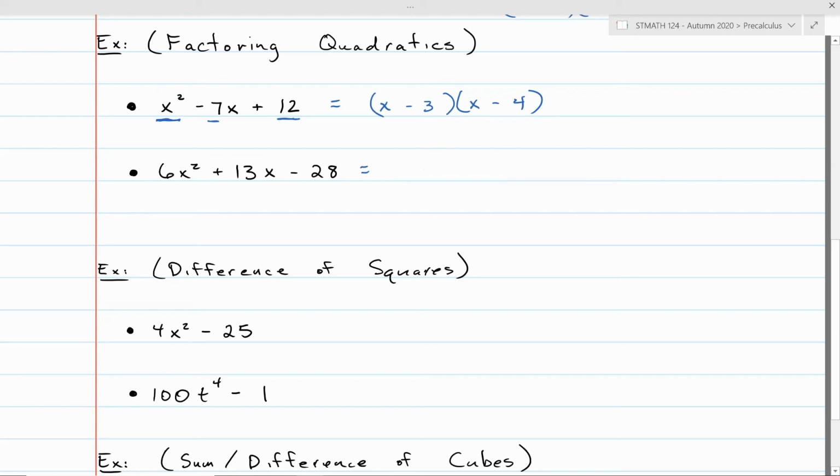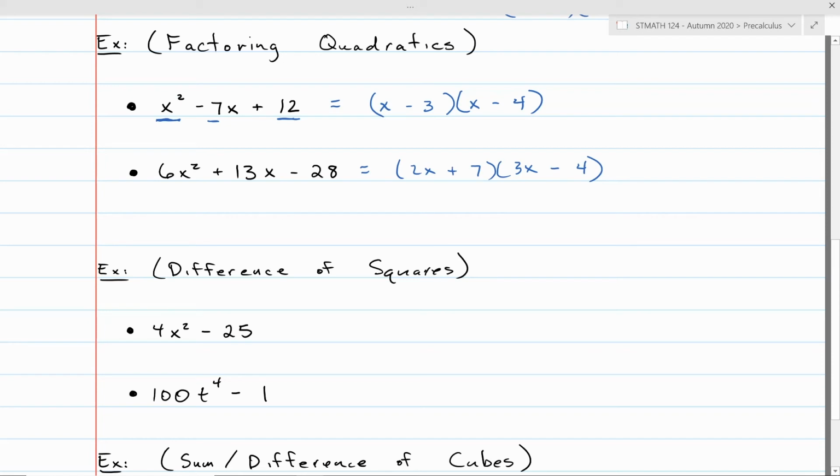So if I can't get it to work with 6x and x, I could try 2x and 3x. Let's see if we can get something going here. 28 and 1 are not going to work. 14 and 2, no. 7 and 4, let's see. Maybe. What if I had 7 here and 4 here, and a positive and a negative there?